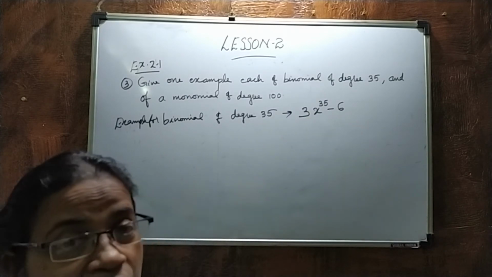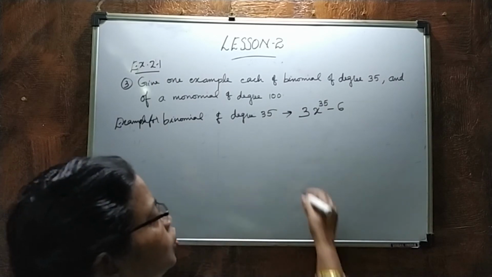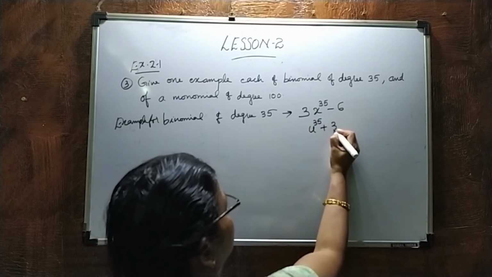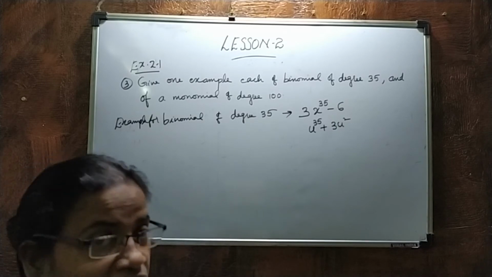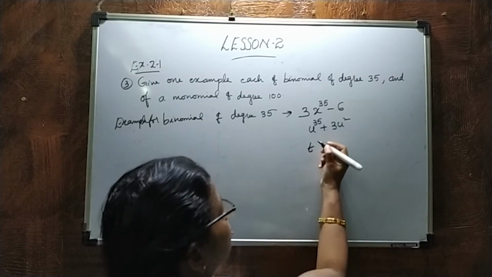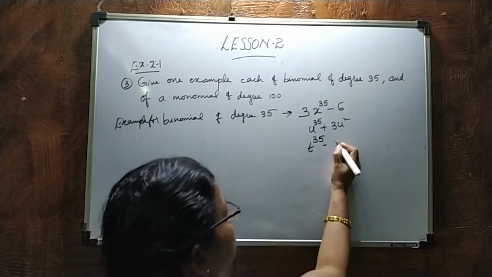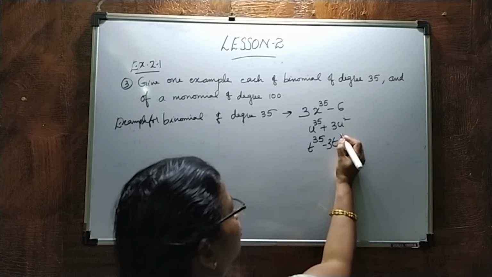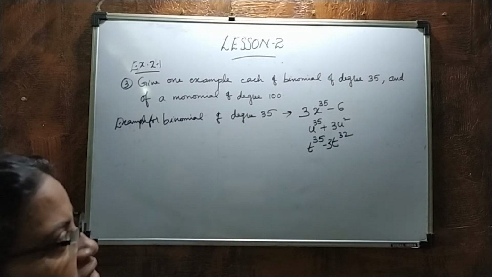And it is a binomial, 2 terms are there. Can you say any other example? Many examples we can write. u raised to 35 plus 3u square. Then again t raised to 35 and then minus 3t raised to 32. Clear? Any example you can write.